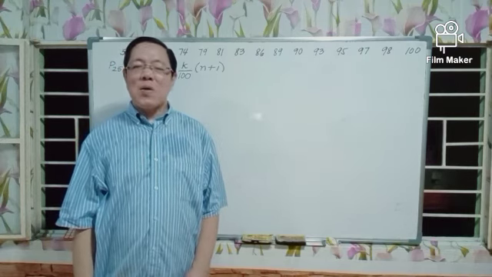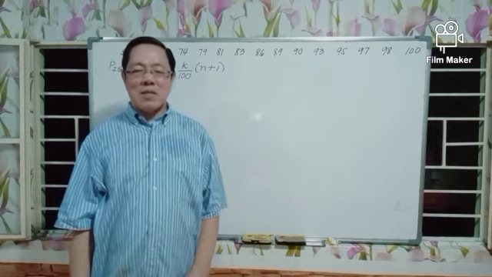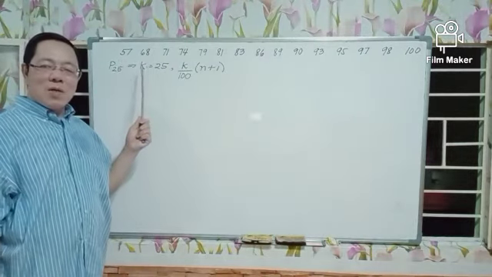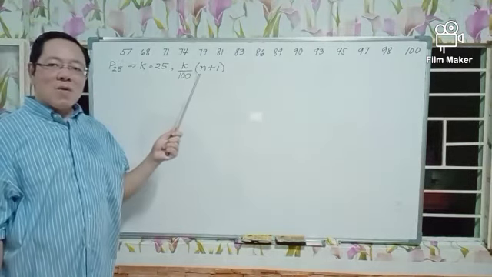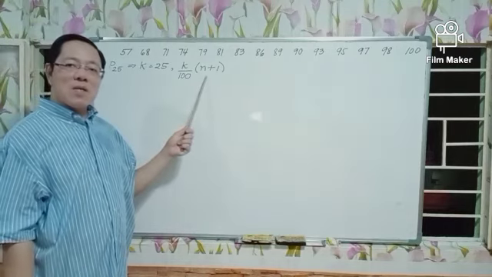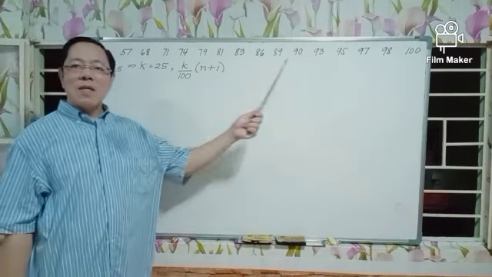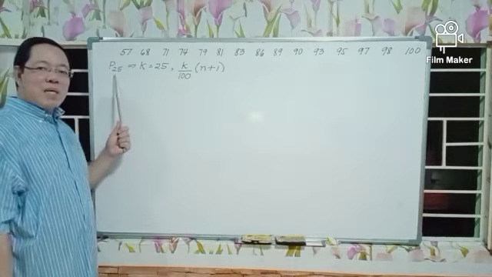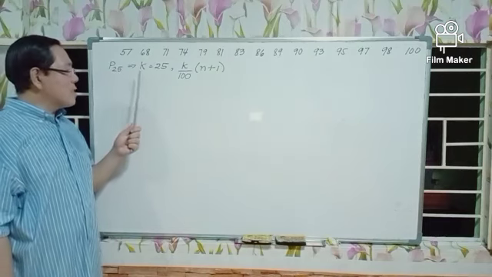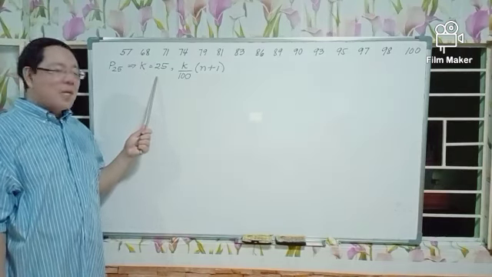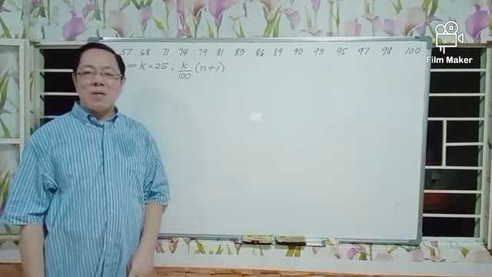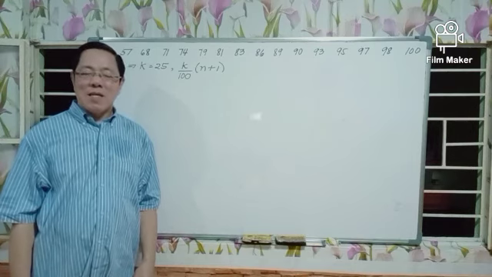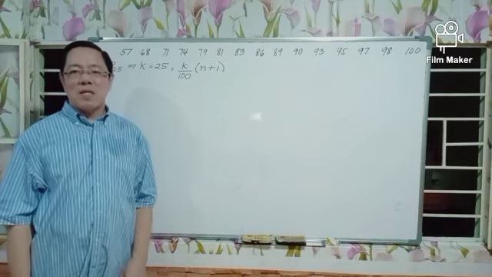For our first example, we find the 25th percentile of the same set of data arranged in ascending order. In this set of data, the value of n remains 15 because we have 15 values. The 25th percentile is denoted by P sub 25, where we take the value of k as 25. The value of k for percentile may be any value between 1 and 99 because we have 99 percentiles.